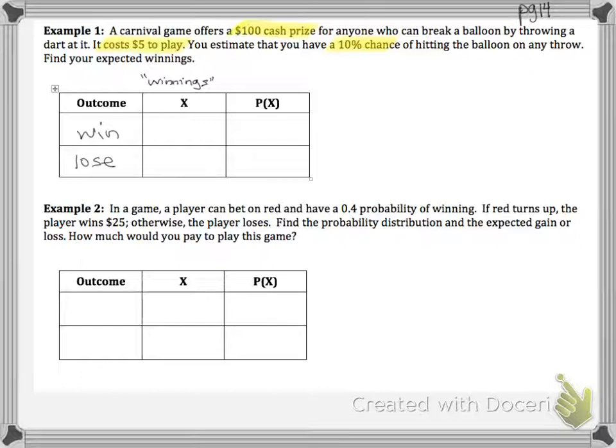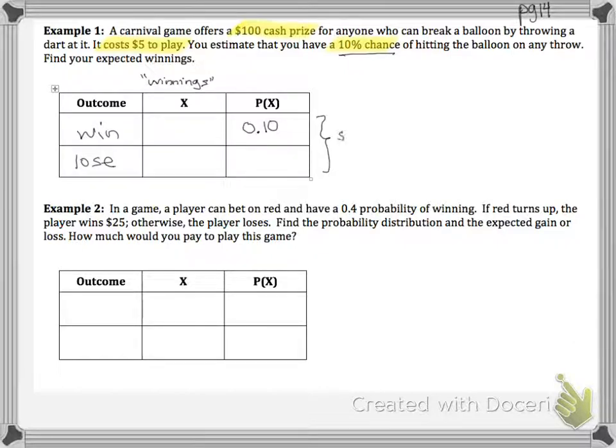So I actually think it might be easier if we discuss the probability first, because it says here I have a 10% chance of hitting the balloon. And it also says that I win when I hit the balloon. So that means that I want to convert 10% into a probability, or write it as 0.10 or 0.1. And if you remember in our rules, it said to make a valid probability model, these numbers have to sum to 1.